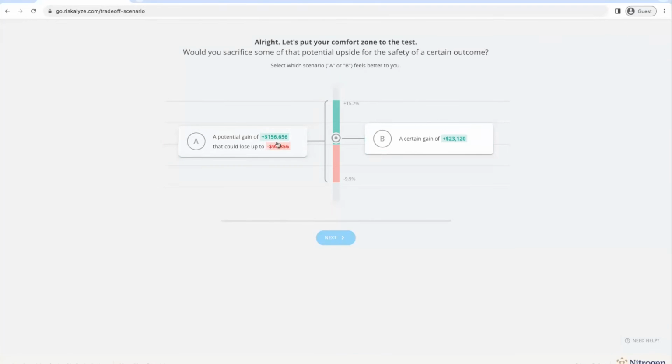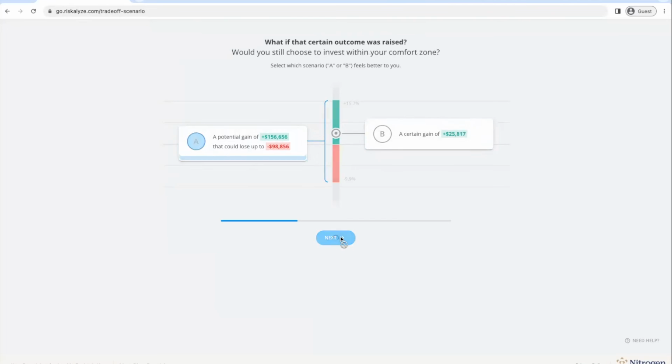That's option A, or option B being a certainty of gain of 2.3%, or in my scenario, $23,000. I said from the outset that I would be comfortable over that 6-month period of time choosing option A, so that's what I'm going to choose here. But there'll be a subsequent fine tuning of that range and of that certainty of return that I'd be comfortable with. So let's go through it.